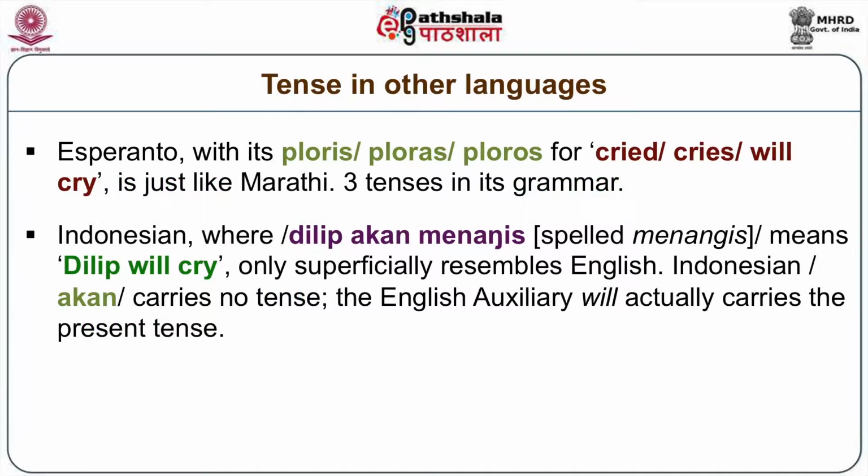In Indonesian, when we wish to say Dilip will cry, the way to say it is Dilip akan menangis. The ng between na and is written ng in the standard spelling of Indonesian. Akan can be compared with the English will.